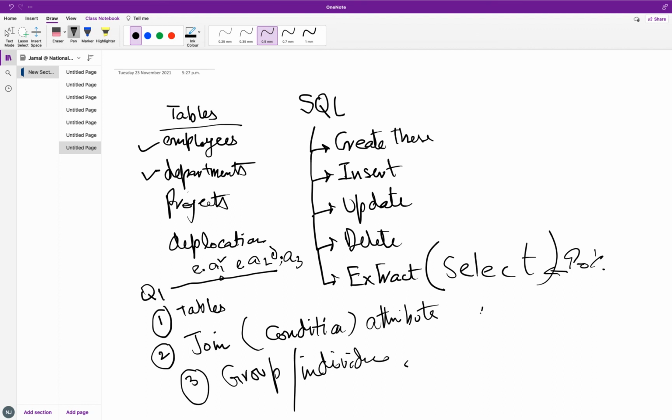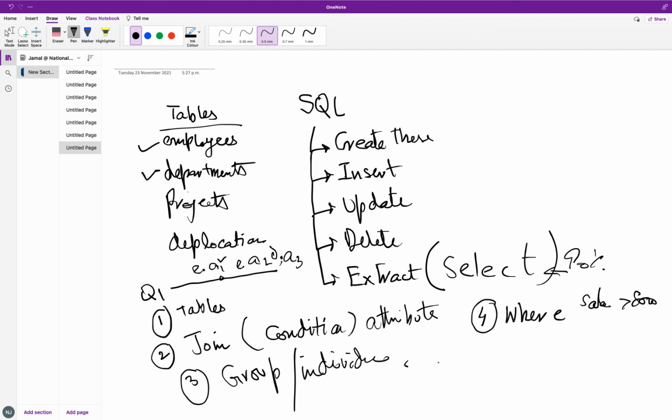Then obviously, if there is some overall condition, that overall condition can be handled by a where clause, for example where salary is greater than 8,000 euro. But if there is some criteria on the summarization, for example, I need employees of each department, but that department must have at least 20 employees.